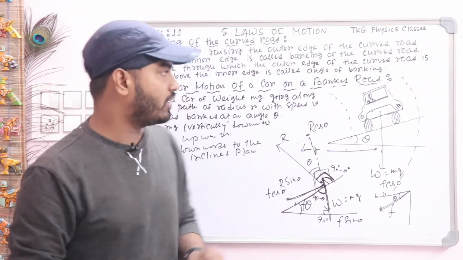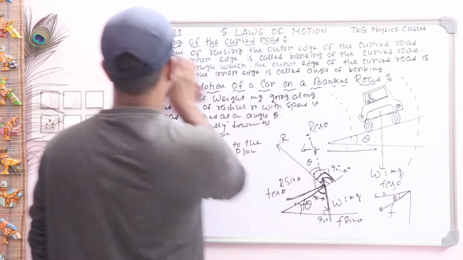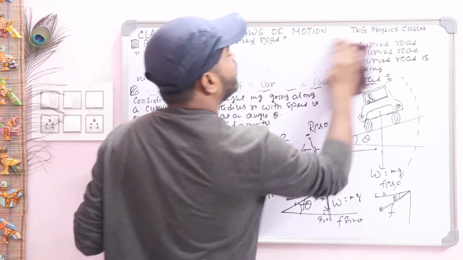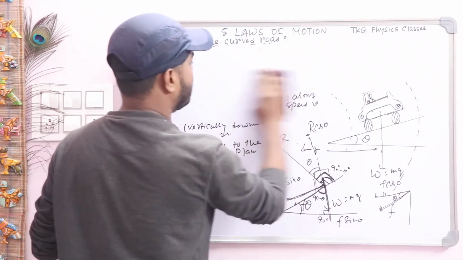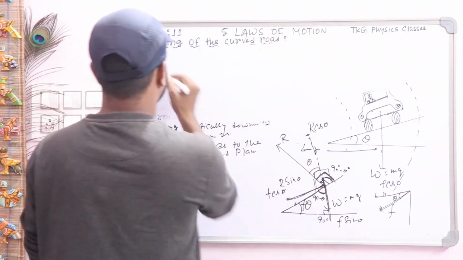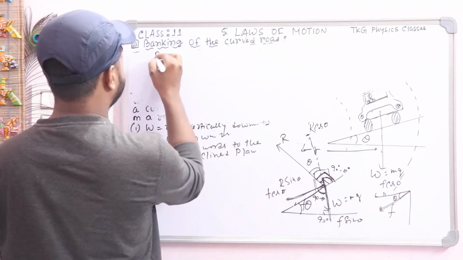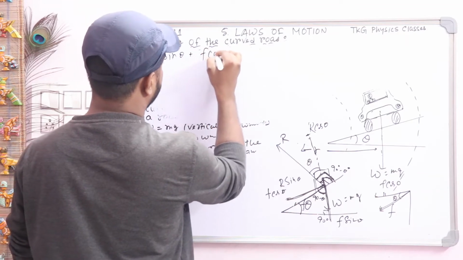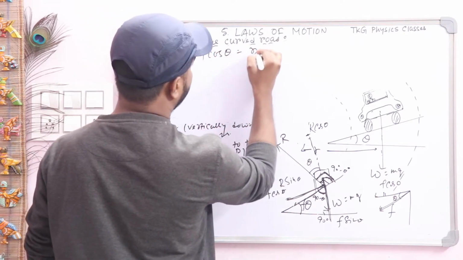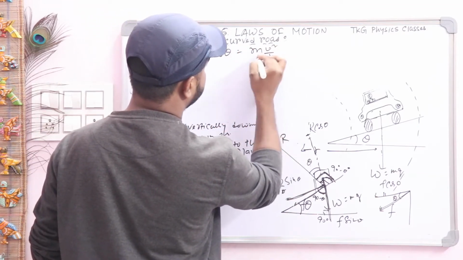So write it. By comparing horizontal and vertical components, R sin theta plus f cos theta equals mv squared by r.